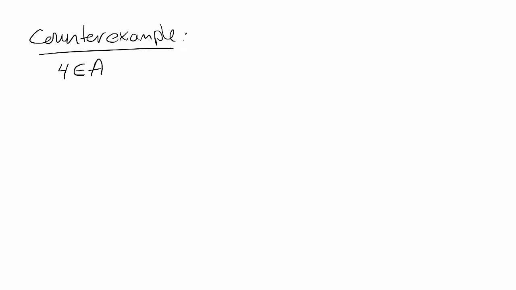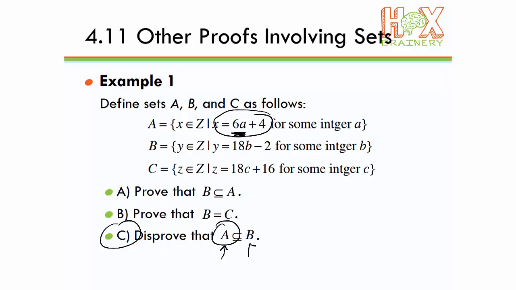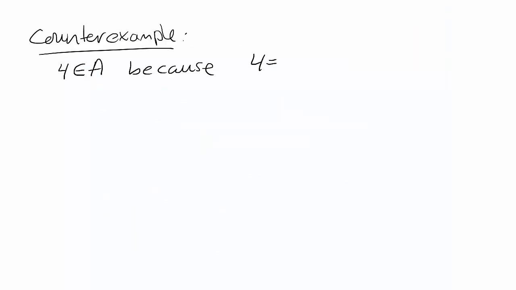The number 4 is an element of A, and this is because 4 is equal to 6 times something plus 4. It's just going to be 6 times 0 plus 4.